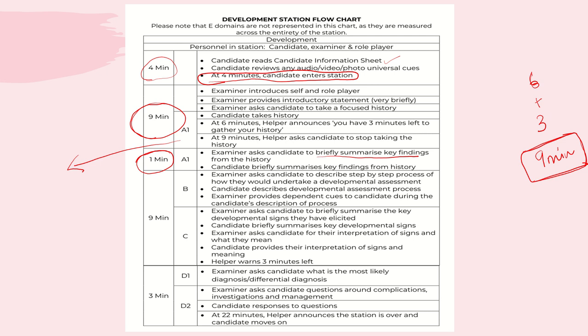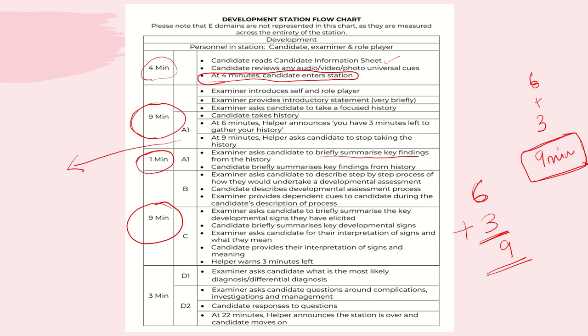After summarizing the history and the task for the development, the assessment will be with the examiner. In the 9 minutes, the candidate is supposed to do the developmental assessment with the examiner. The warning bell will be in the last 3 minutes, after 6 minutes. So total 9 minutes for the assessment.